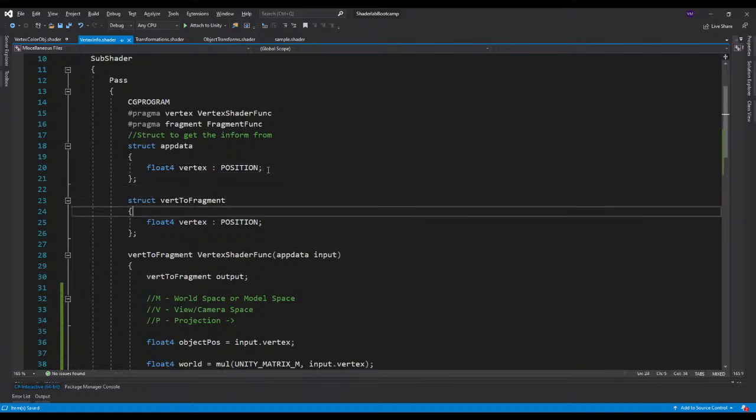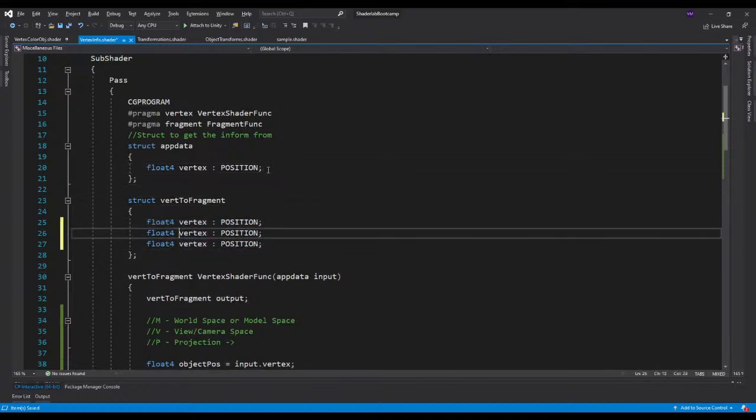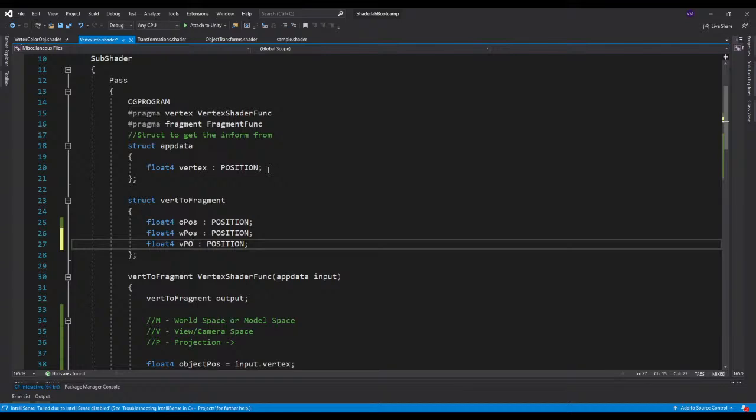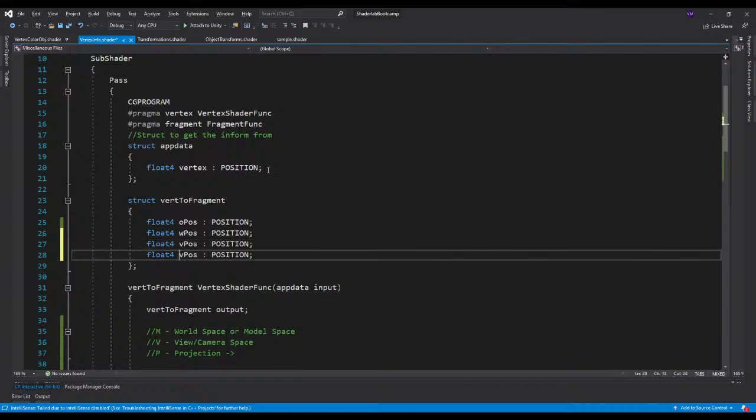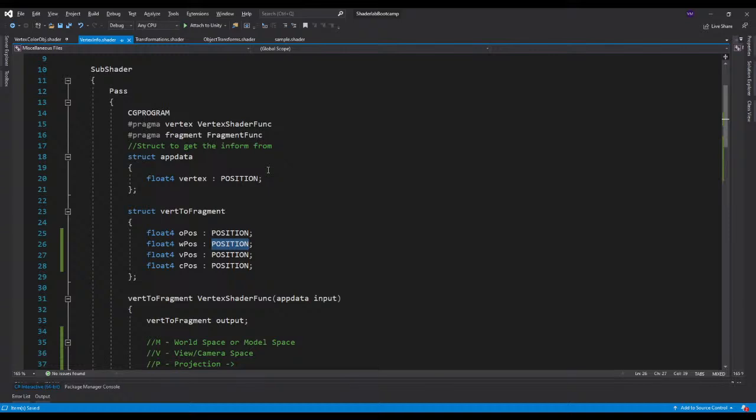In the vertex to fragment structure that we have, I'm going to duplicate it thrice, and I'm going to say this is the object space, world space, view space, clip space.